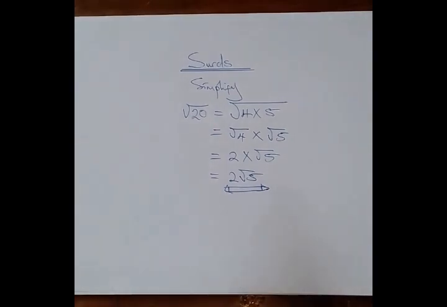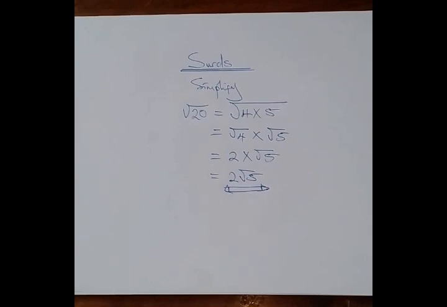For example, in this one taona kuti perfect square yedu ndi 4, and then which number yatinokwanisa kuti multiply nayo na 4 kuti tiwane 20, and then we find it kuti ndi 5. So we just say 4 multiplied by 5 for us to get 20, and then after that we say root of 4 multiplied by root of 5. Then after that, root of 4 tinenge tinayi, it is 2. 2 multiplied by root of 5, we get 2 root 5. This is the simplification of irrational numbers.